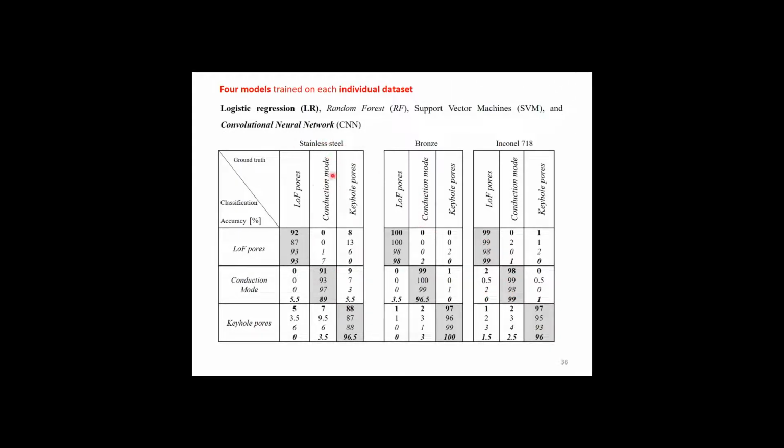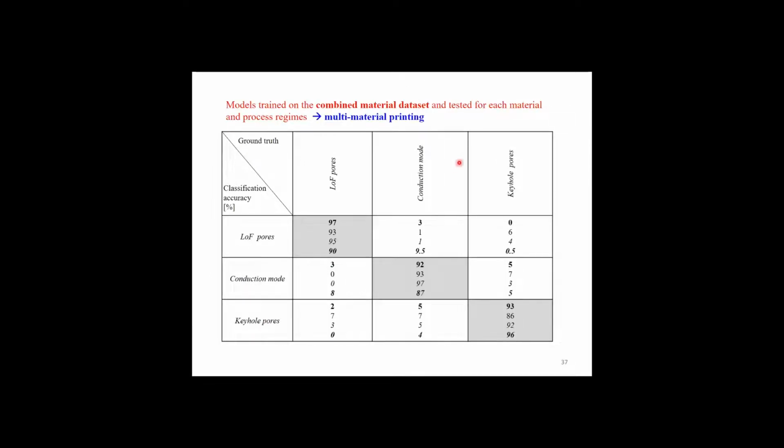So here you do that on separate materials. The next step is that you combine the material data sets, and then you test for each material and regime, but not saying which material it is. And it still works, as long as the material is in the database, then you can recognize which regime you are in, again with a very good classification accuracy.